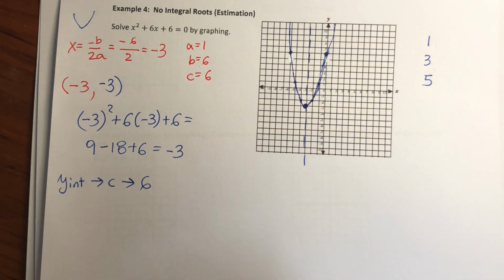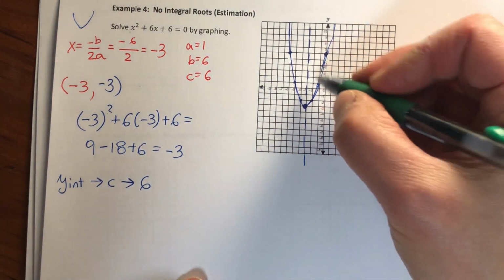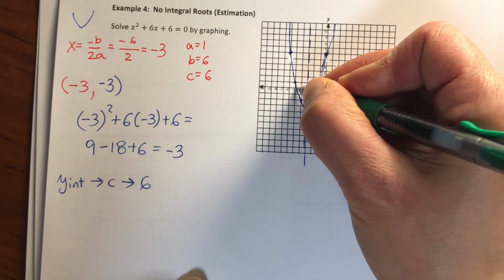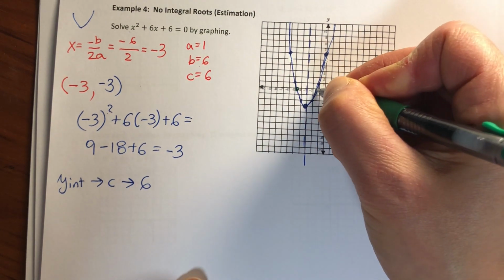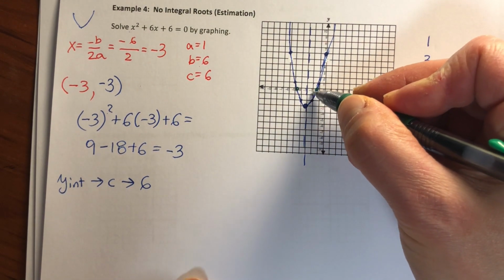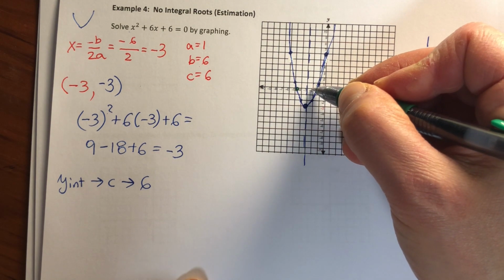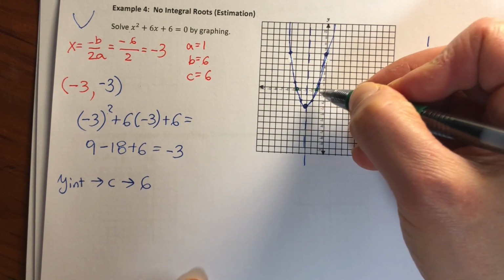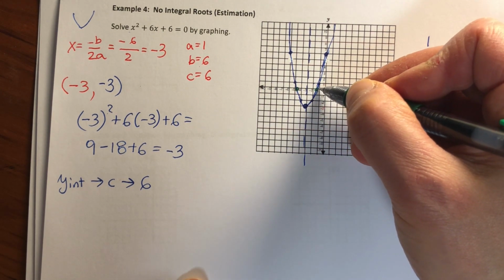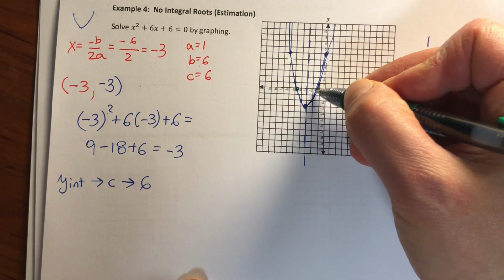Now, again, we need to remember that we are answering the question. And our question is, where is our x-intercept? Notice, I know where this point is. When x is equal to negative 2, y is equal to negative 2. When x is equal to 3, I am already above.